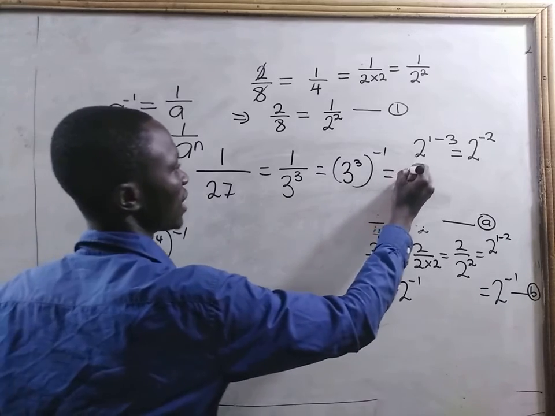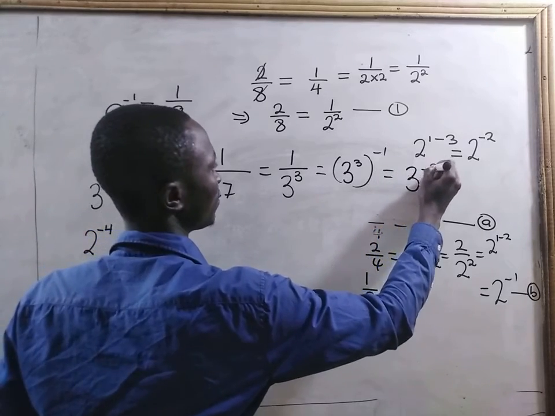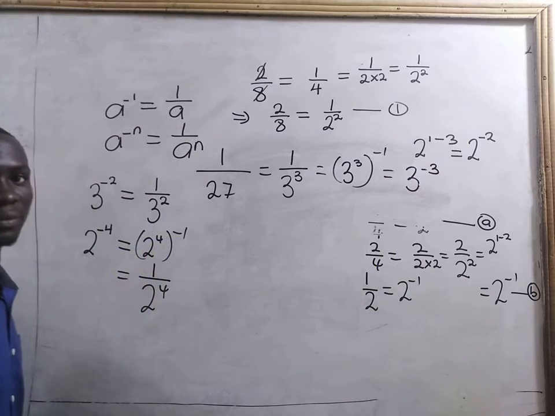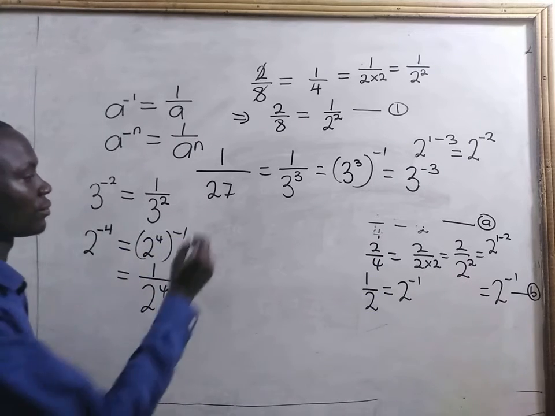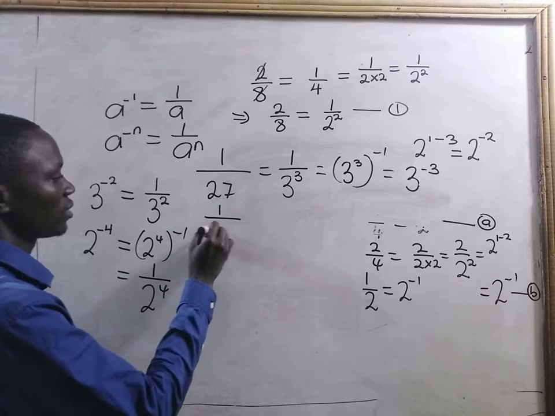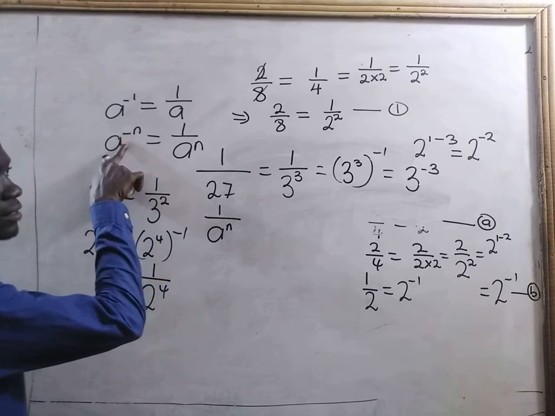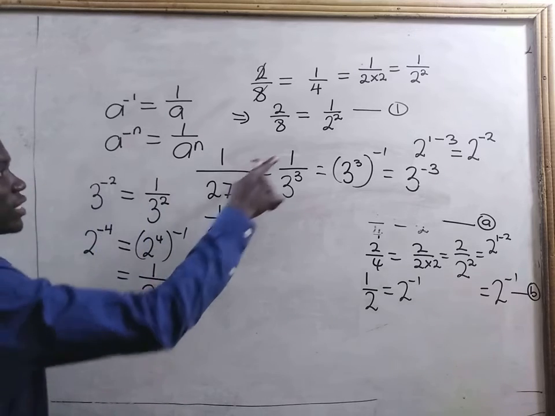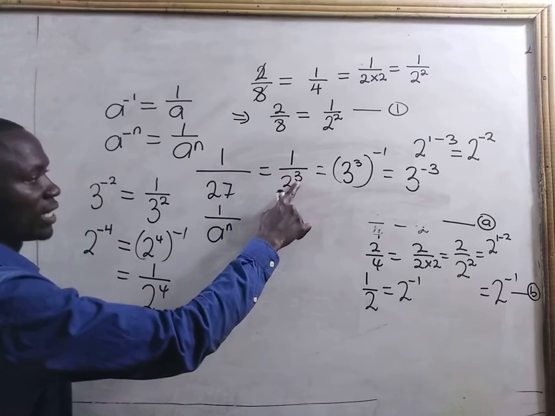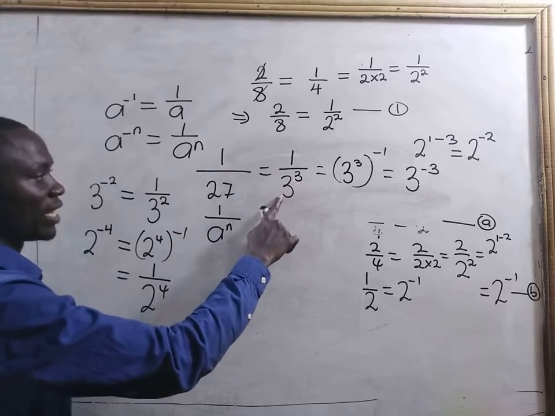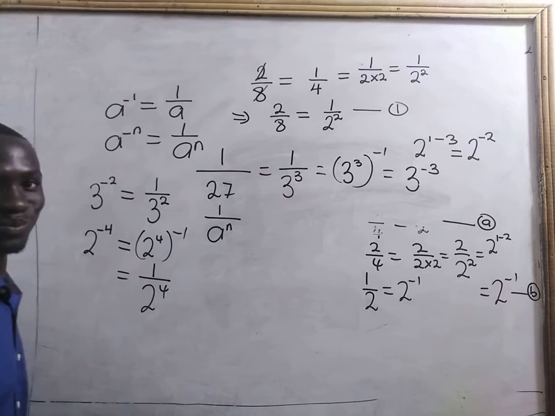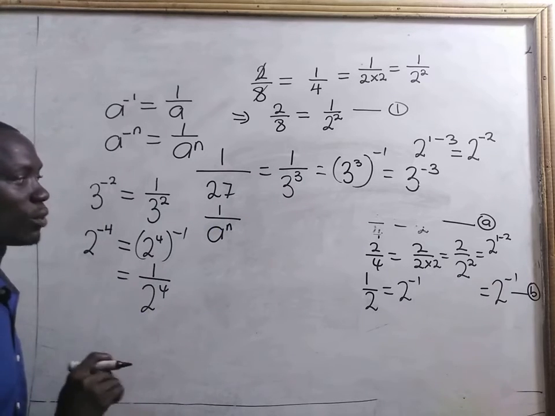And this is the same as 3 power negative 3. Because we've said that if we have 1 over a power n, we get this. And this is 1 over a power n. But here our a and the power are the same. Very, very simple as that.